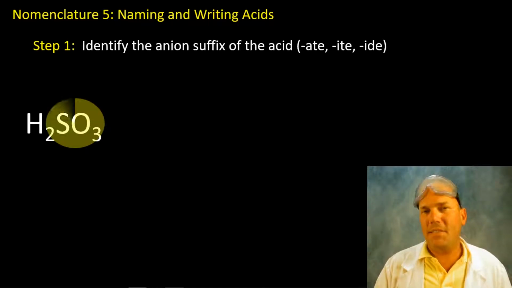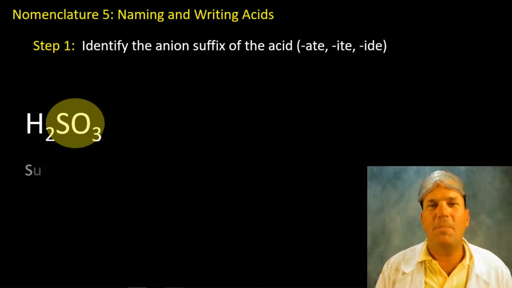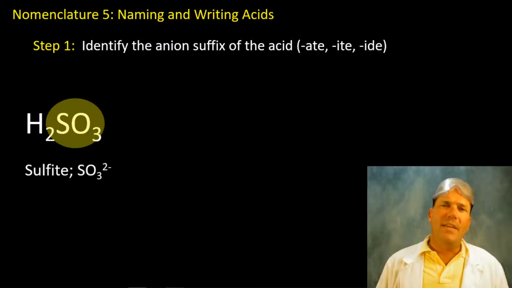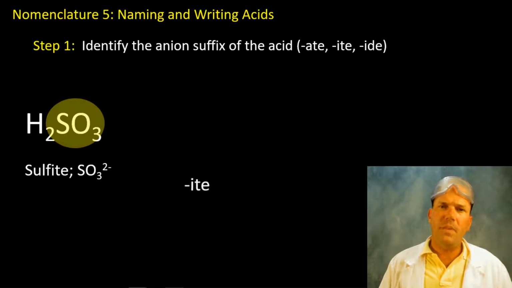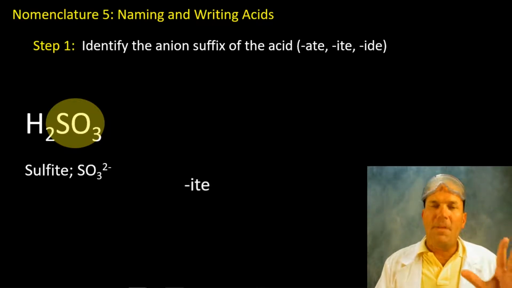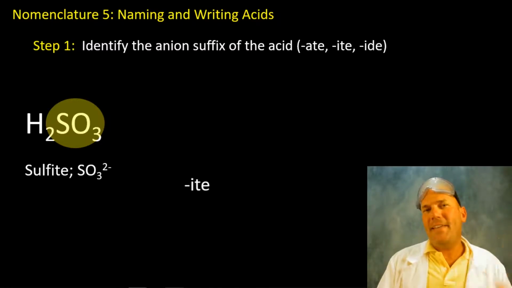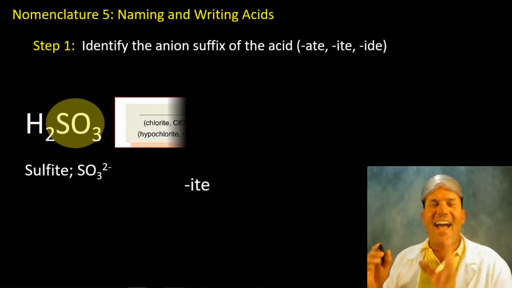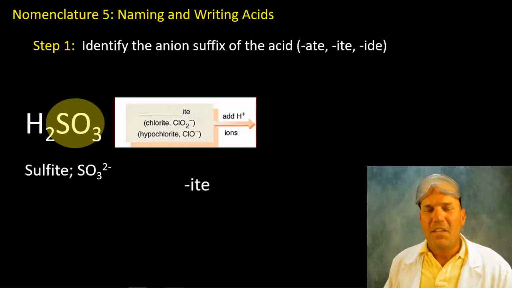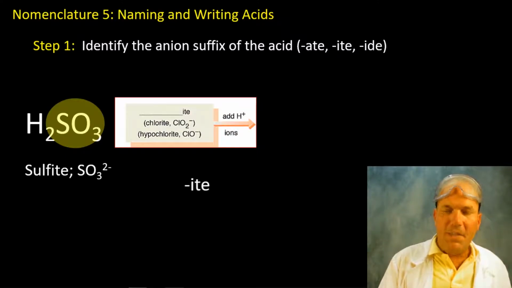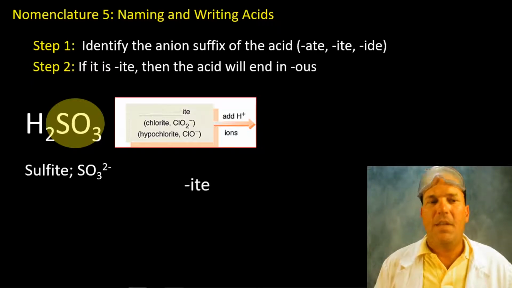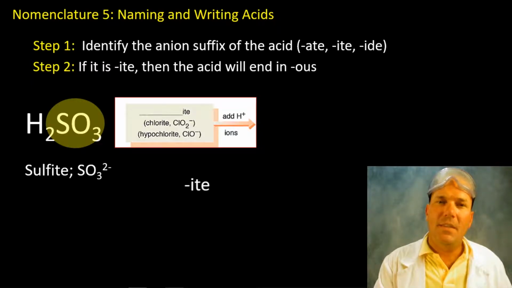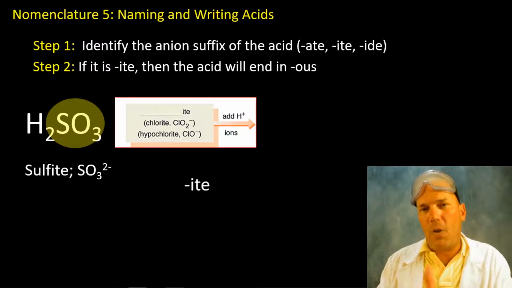The anion suffix is sulfite, another polyatomic ion, except this time it's ending in ite. And that's important because when the anion suffix ends in ite, we're going to be using the ending of the acid to be ous. Ate is ic, but now ite is ous.